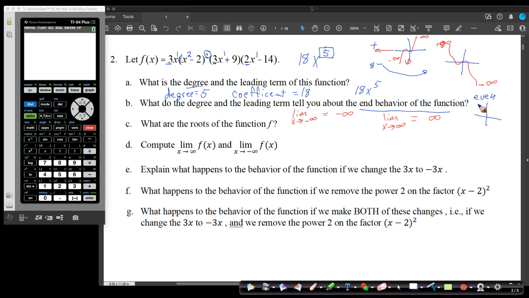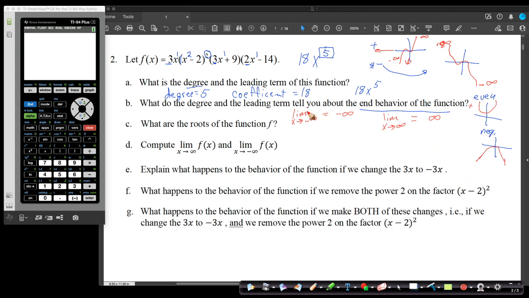So a positive even would be a positive U-shape like this, and with a negative leading coefficient, had it been negative 18, we would get a graph that looks something like that. Again, the middle part may be funky or something else, but the end behavior is, if it's even, they will both go to either negative infinity or positive infinity, depending upon that leading coefficient.